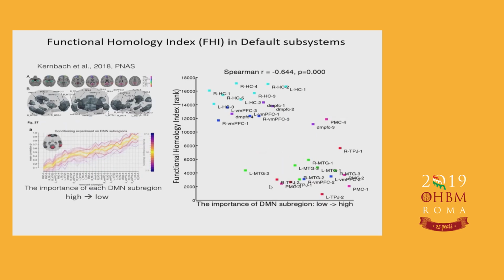And if we break into the details, we see the importance of the default network is correlated with the functional homology index as well, which suggests that the more important default subregions have the least functional homology, which suggests the more important default regions emerged later in evolution.